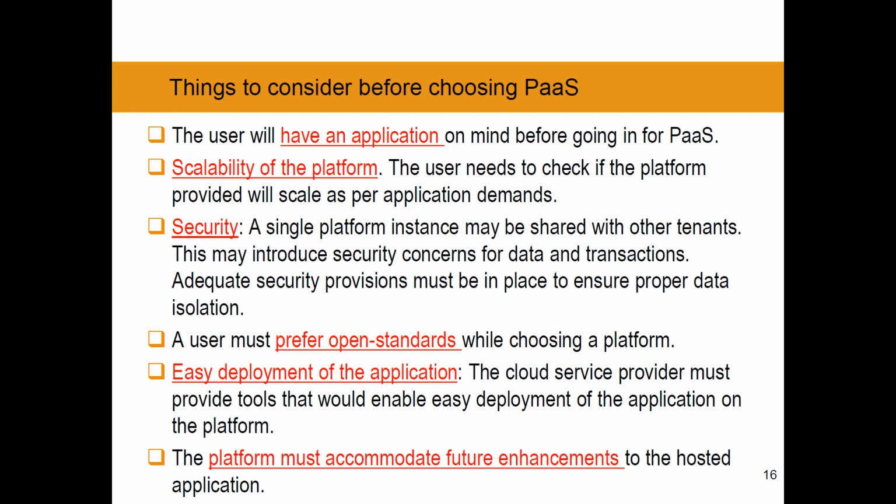If you're using open standards, you can move your application to another cloud service provider if you want to migrate. For example, if you are not satisfied with that cloud service provider's service or performance, then you can move. That's why you need open standards.